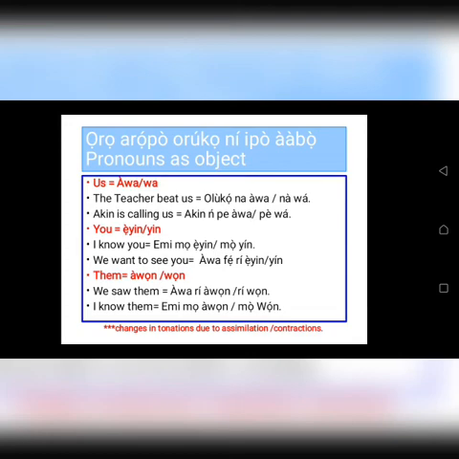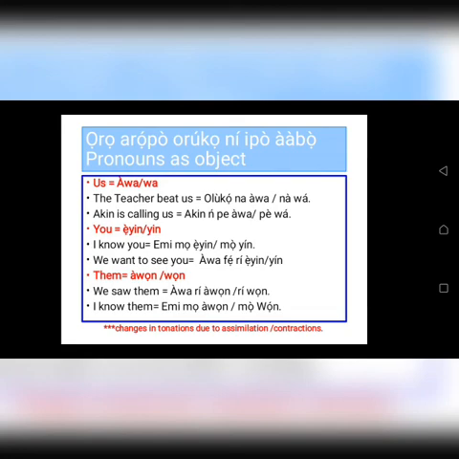If you take note of this plural pronoun as subject, you can realize that there is a slight difference in the tonation. Maybe our next topic will focus on tonation. For example, the teacher beat us: olùkọ́ nà àwa, or olùkọ́ nà wá.